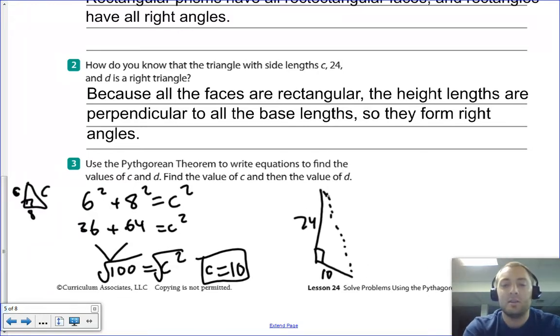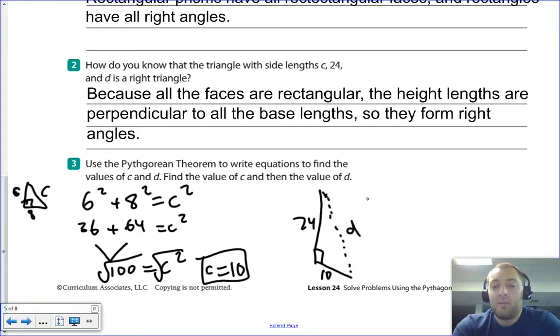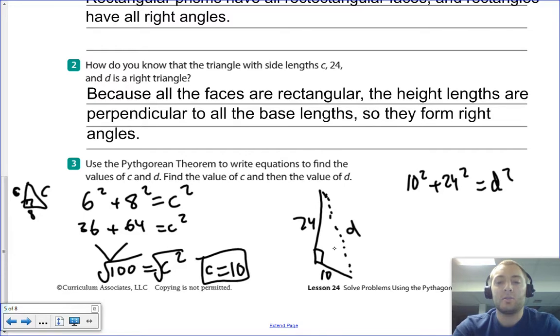That's the D, the diagonal that's listed. So, hey, guess what? We have a right triangle. We can use the Pythagorean theorem again because we have two sides and one missing. The two sides that we have are the legs again, so 10 squared plus 24 squared. And the hypotenuse is D because it's across the right angle.